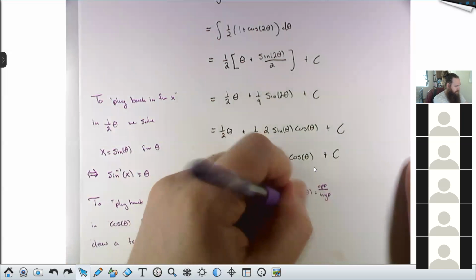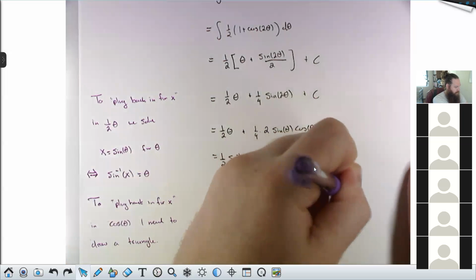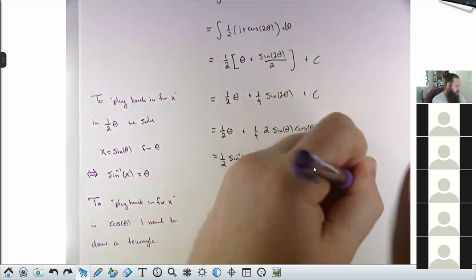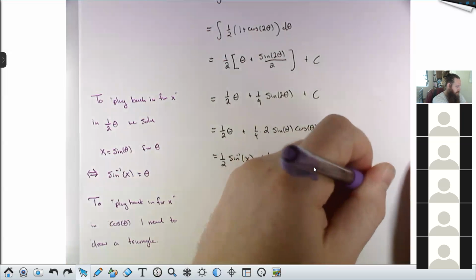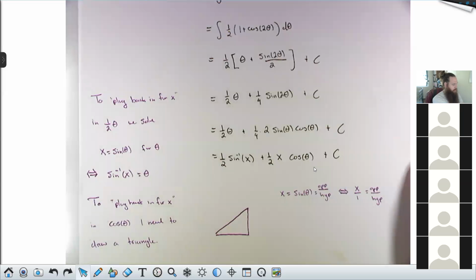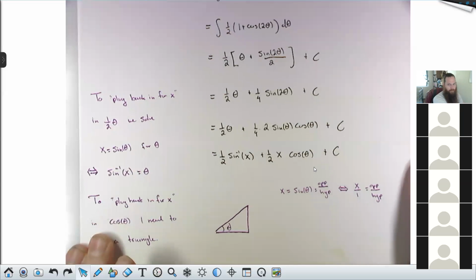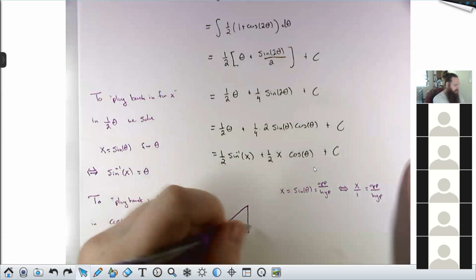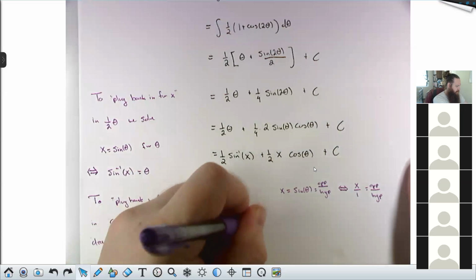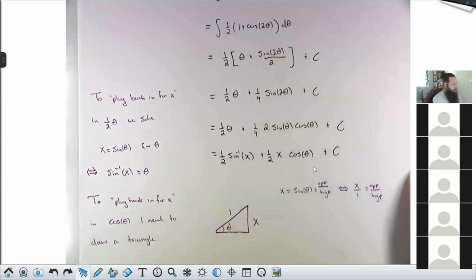So the opposite over the hypotenuse is equal to x over 1. So if I label this angle right here as theta, then the opposite of theta is x, and the hypotenuse is 1. So everybody agree that this is a triangle where the sine of theta is equal to x?